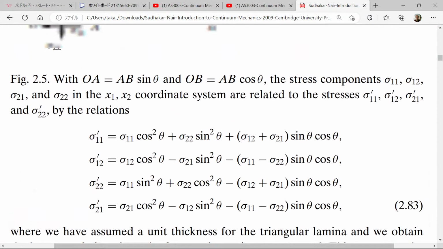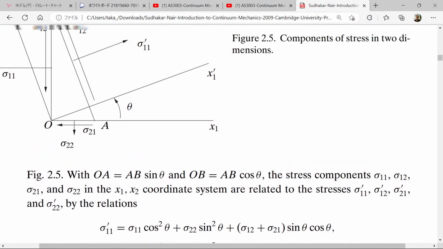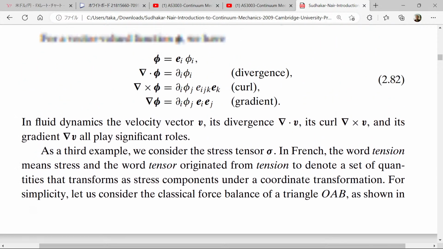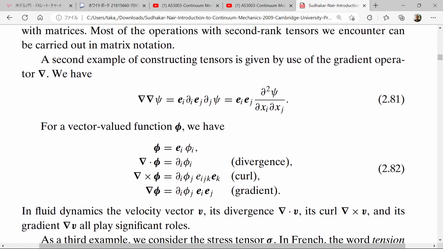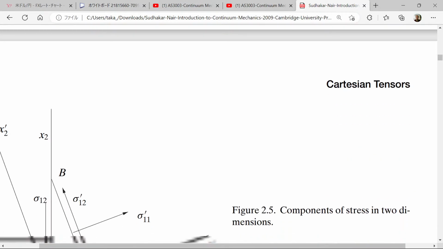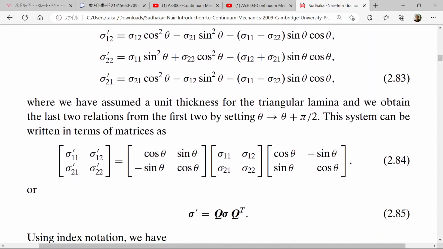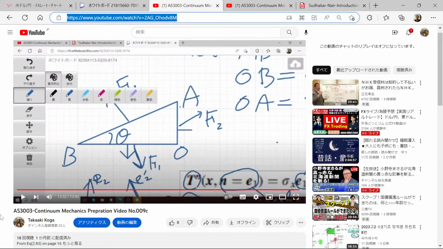So this goes like, the problem is this textbook doesn't show the important definition. That's a big problem here.